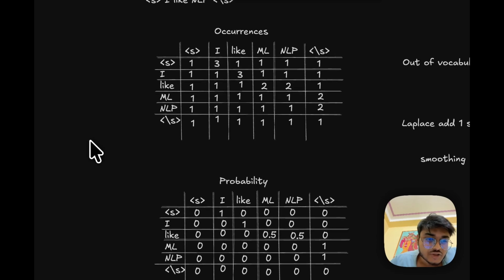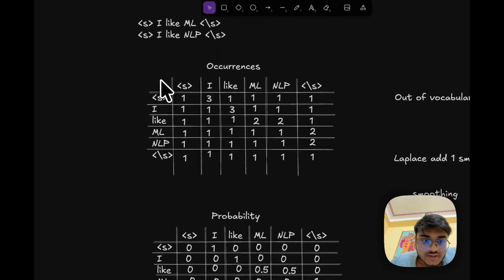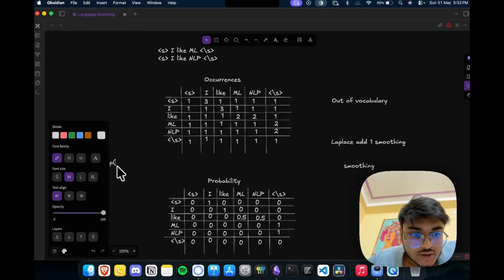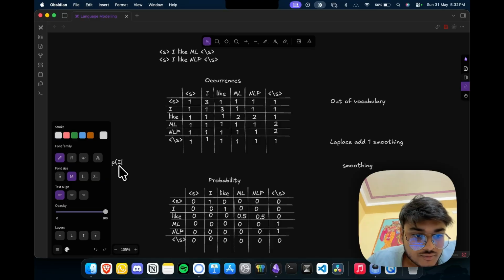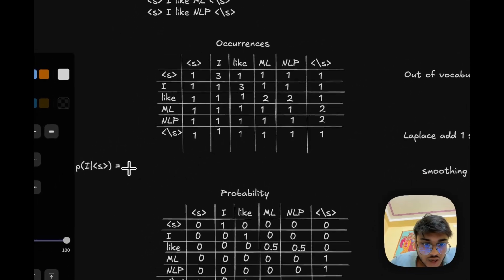Let's assume I wanted to find the probability of I after s. How do you find it? Before smoothing, the idea was pretty simple.